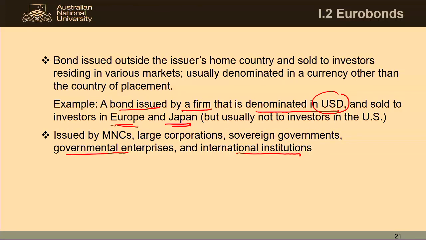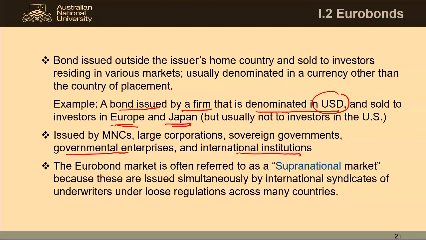Okay, so the Eurobond market is often referred to as the supranational market because the bonds are simultaneously issued in various different countries, and so they are under very loose regulations. And once they are under very loose regulations, what do we expect in terms of the cost? Lower cost, right? We would expect that the interests on these bonds, the coupon, are going to be lower.